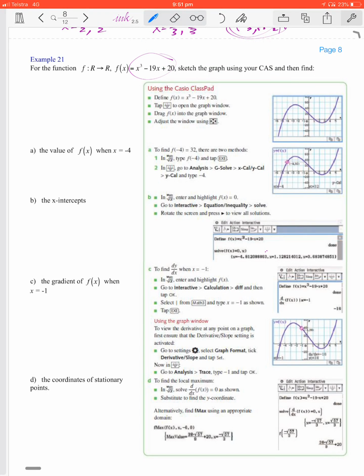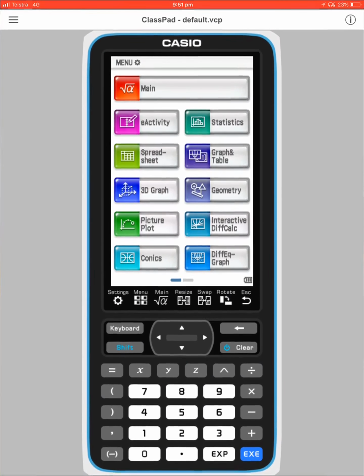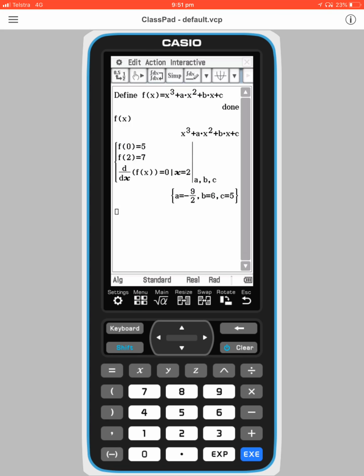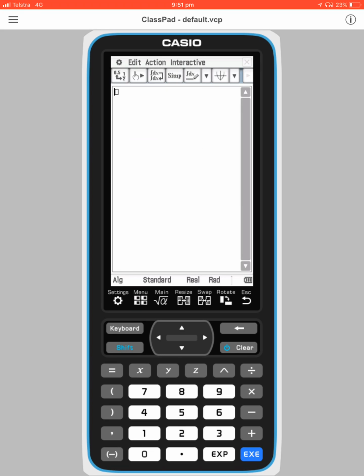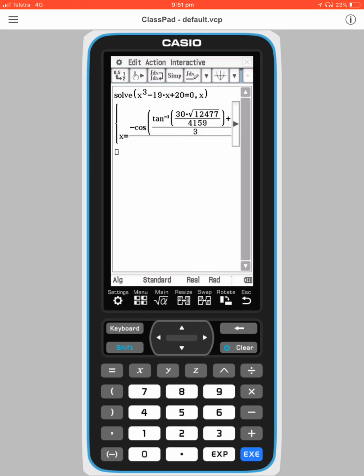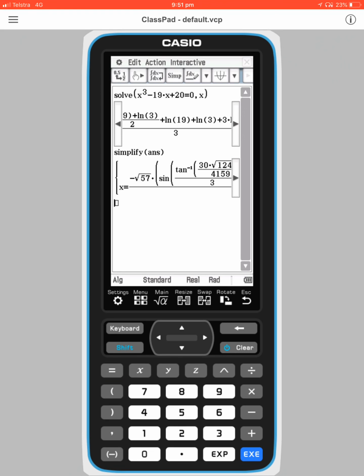If you want your exact intercepts, you can just grab this, copy, go out to main, clear whatever's there, paste it, set it equal to 0, interactive advanced solve, make sure it's in standard. They're pretty nasty. Simplify I don't think is going to do much. Okay, so we'd get them as decimals.